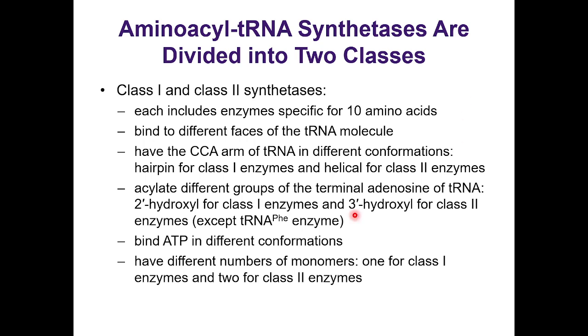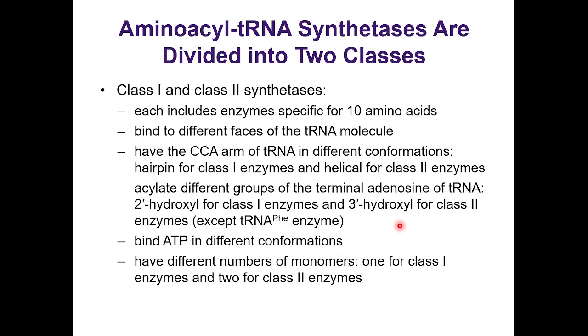This has an exception for the class 2 though, which is the tRNA for Phe, phenylalanine. Everybody's comfortable with this, right, by the way? Yeah, this is the amino acid that tRNA should attach to.